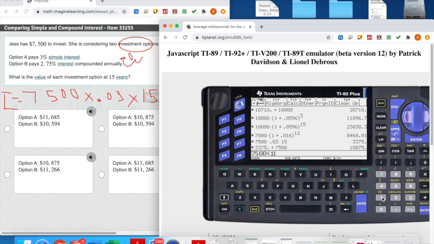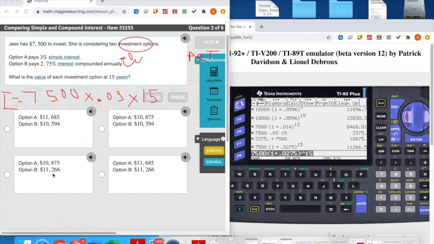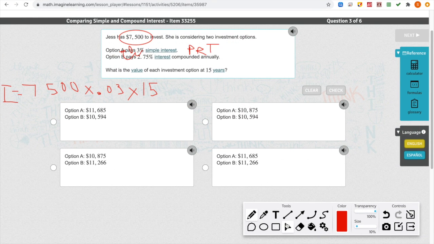So I'm going to have 1 plus, and the way I'm going to write 2.75% is over 1 over 2, 0.0275 with an exponent of 15 years. So I'm going to have $11,266.50. So the one that matches will be option this corner one right here.